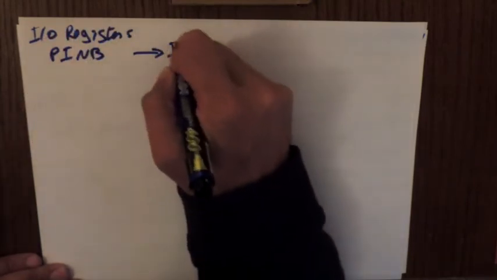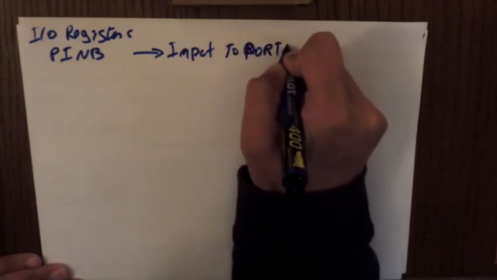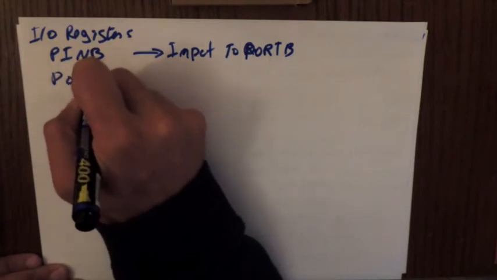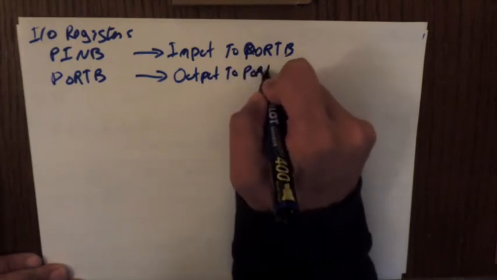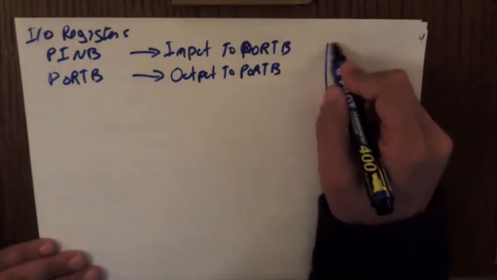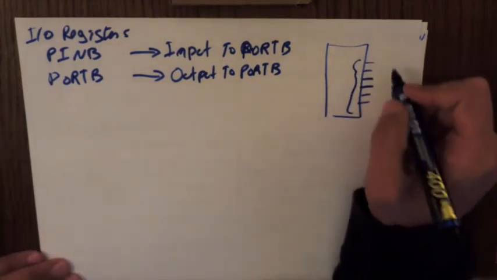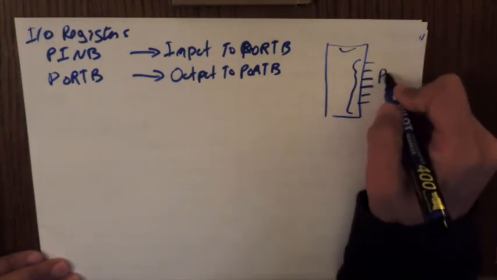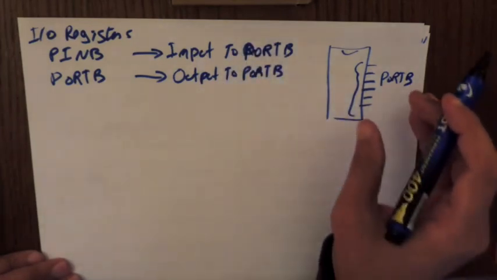We took pin B. It's used for input to port B. We have port B, it's output to port B. So if you're still confused, what port B is actually, those little legs you find on a chip, on the microcontroller chip. This is port B. So port B is those pins there.